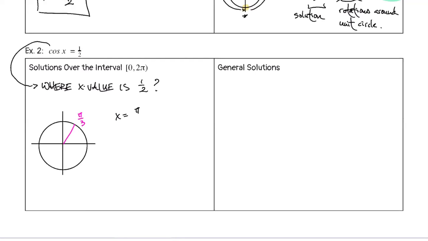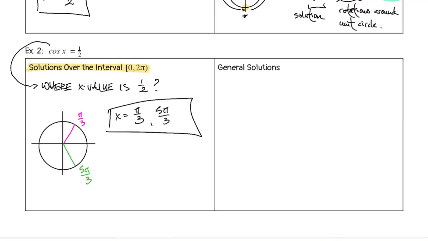So x equals pi over 3. And perfect, Michelle, 5 pi over 3. And 5 pi over 3 is actually down here, right? So 5 pi over 3 is the other place where it has an x value of 1/2. So if I said find the solutions over the interval 0 to 2 pi, you would say pi over 3 and 5 pi over 3.